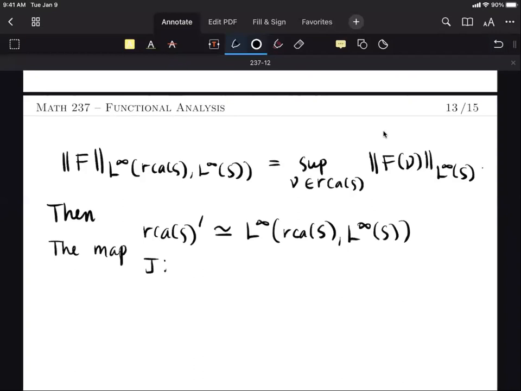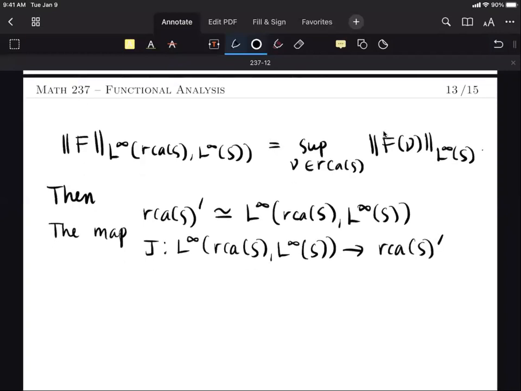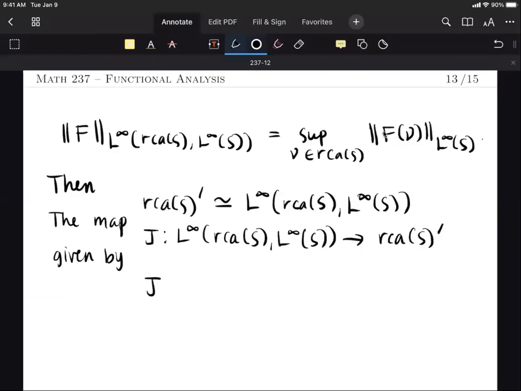So the map J from L infinity RCA of S to L infinity of S into the dual of RCA is given by the following.